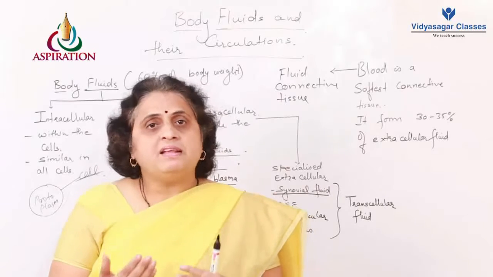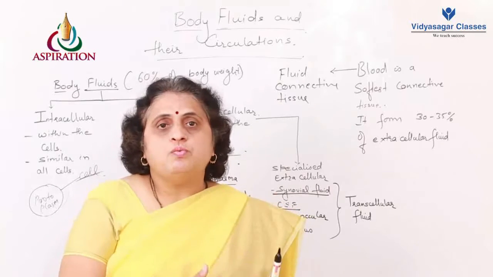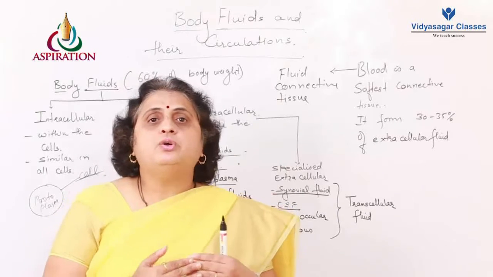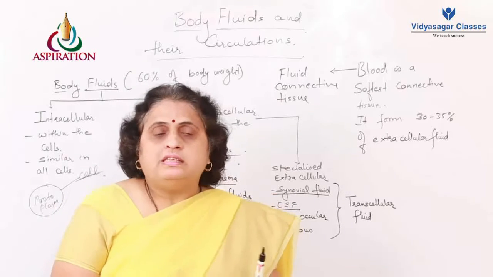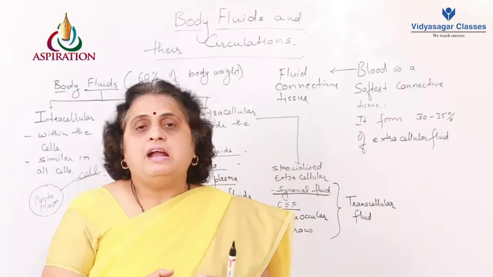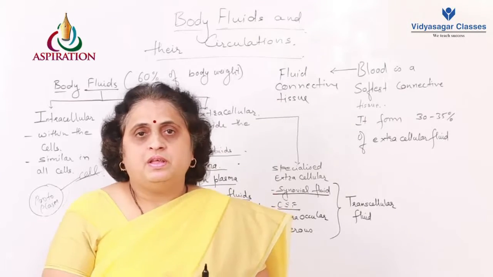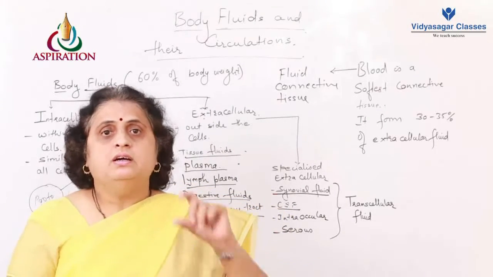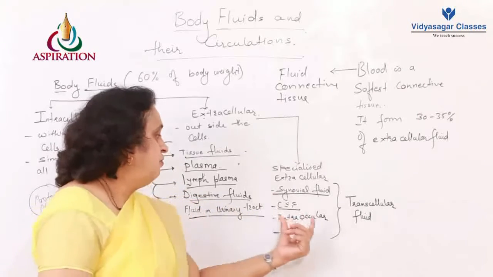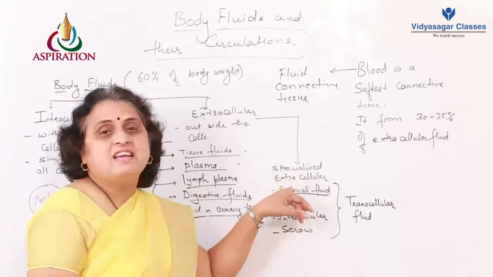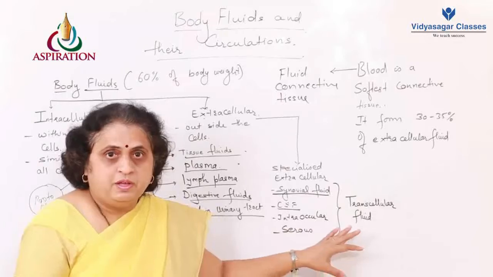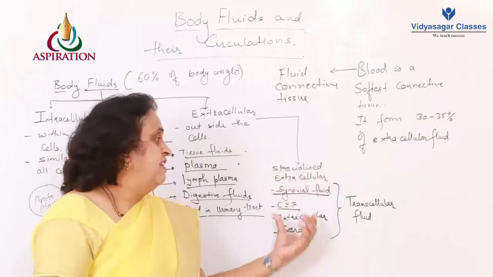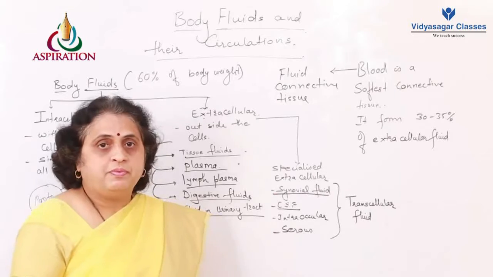The fluids that are present are aqueous humor and vitreous humor, and these are present in the two chambers of the eyeball, that is the aqueous chamber and vitreous chamber. Thus it becomes intraocular, inside the eyeball. This fluid is also a specialized extracellular fluid. Mechanical shock absorption is the quality that these fluids generally possess.